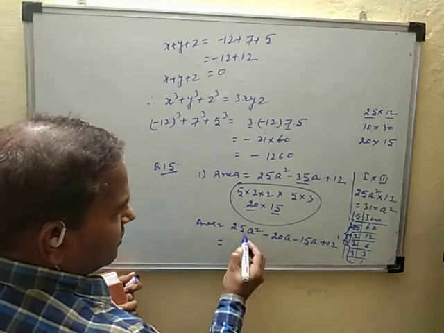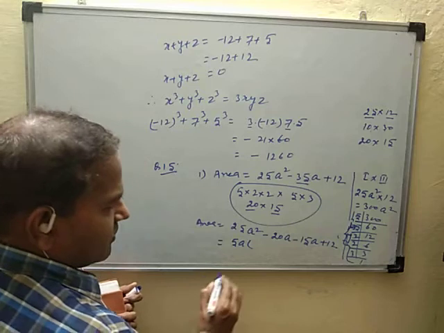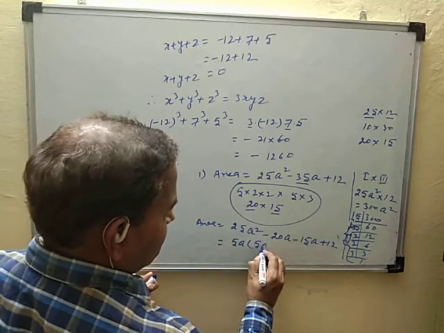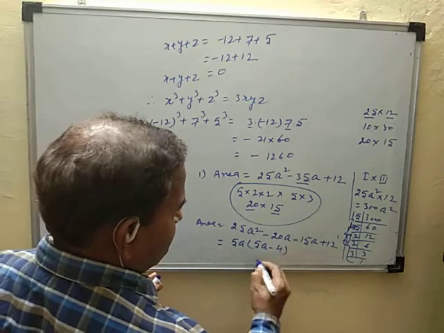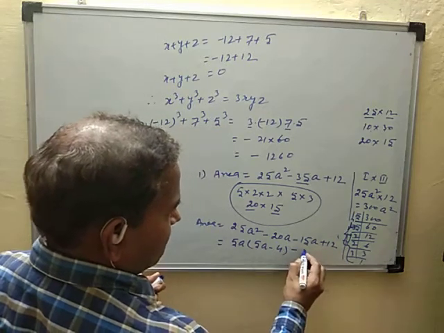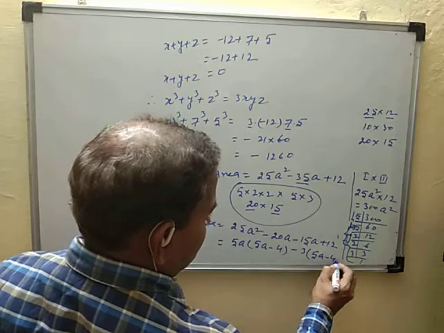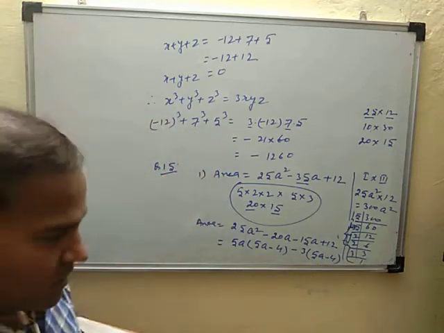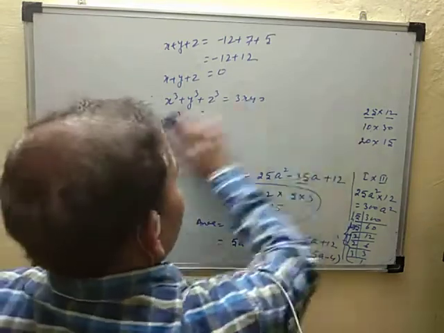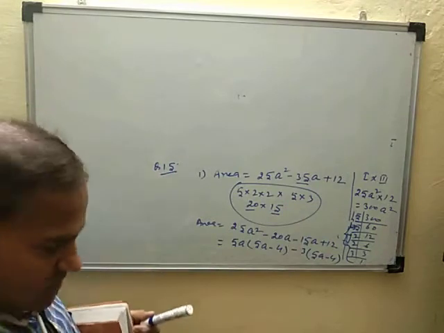Now take common factors: 5a is common in the first two terms, leaving 5a minus 4, and 3 is common in the last two, leaving 5a minus 4. Now the whole 5a minus 4 is common.